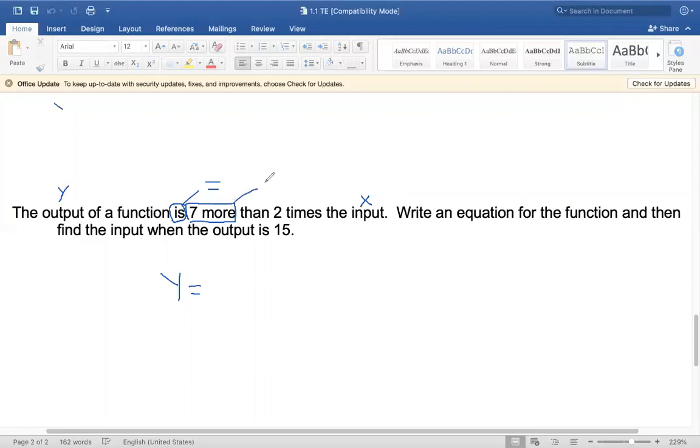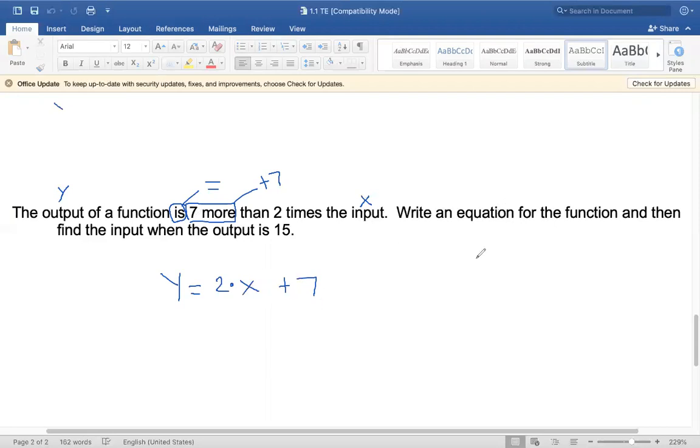This right here is the same thing, because I'm going to add 7. Right? If I have 2 Oreos and I want 7 more additional Oreos, I have 9 total Oreos, right? I add them together. So we're going to have a plus 7 somewhere. And then 2 times the input, which is what we call x. So we have 2 times x.